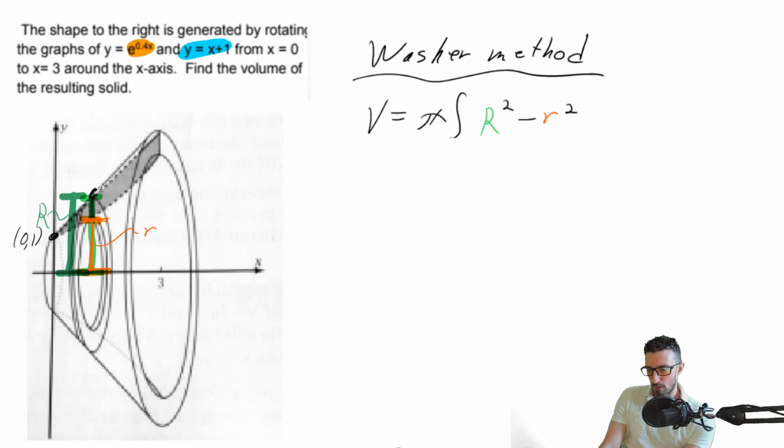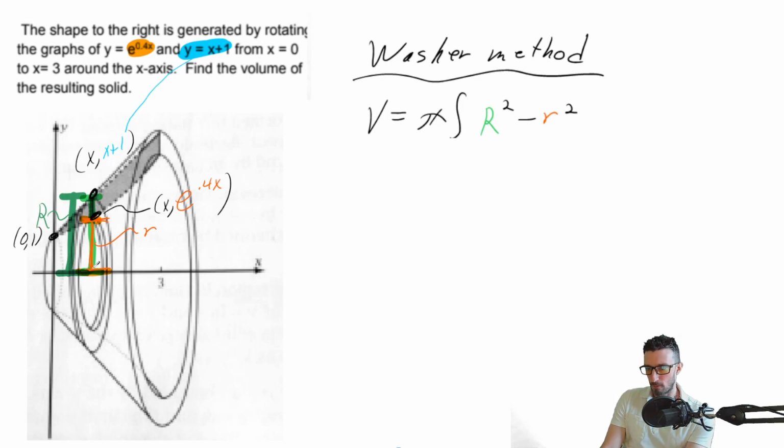But then what you want to do is say, all right, this point is going to be x comma x plus 1, because that's the formula for the y. And for the other point, you're going to say that point is x comma e to the 0.4x. That's the y coordinate you're supposed to be using for that other one.